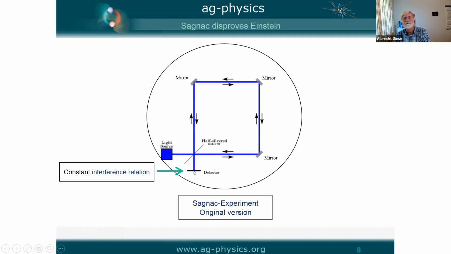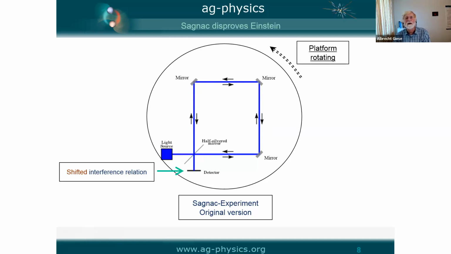Of course, only a part of it, but there comes something. And here we can have an interference relation, and this interference is, in a stable situation, a constant picture. So now, that's the interesting thing. If we rotate the whole apparatus, then it's easy to say that the way going with the rotation is a longer one, so the signal needs more time to arrive at the detector.